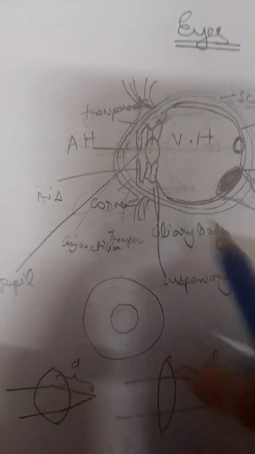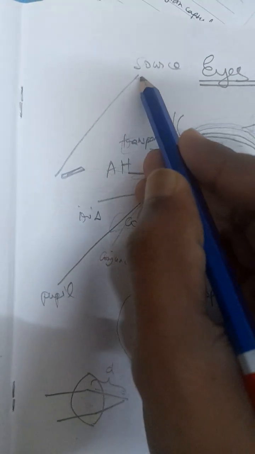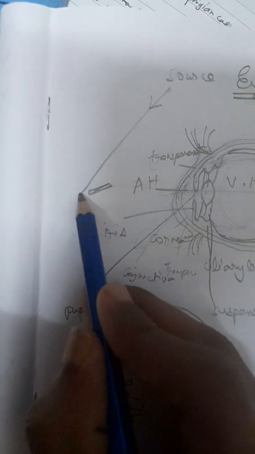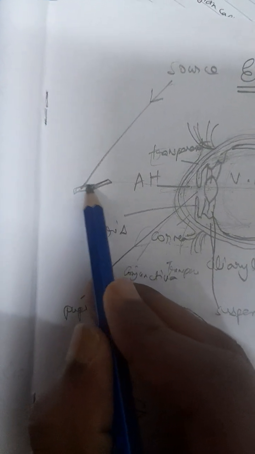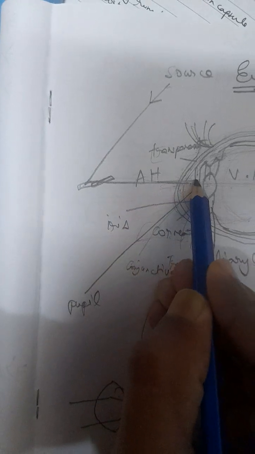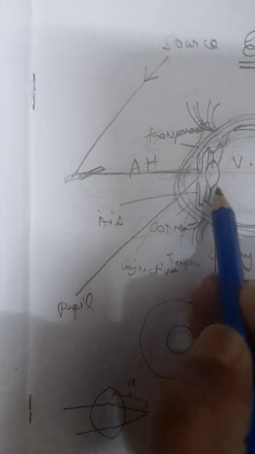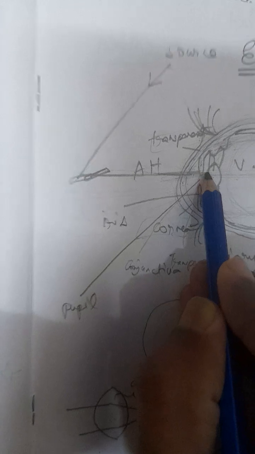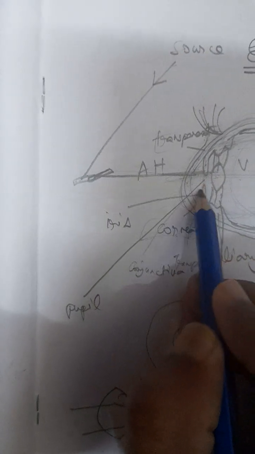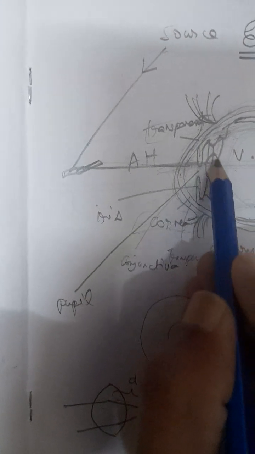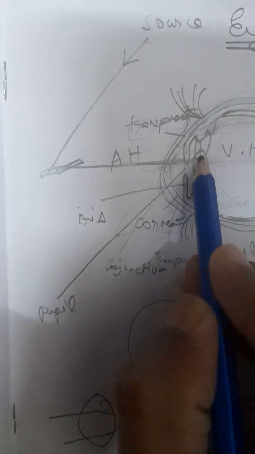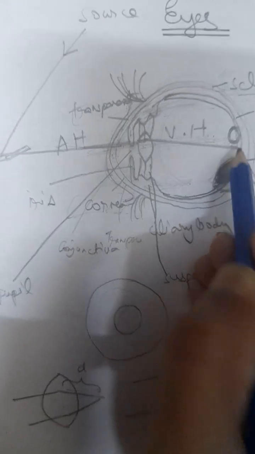Now let us see how the light will enter. Suppose here is a pencil. So light from the source will come and refract from the body. It will come straight. The iris will regulate the amount of light entering. It will allow the light to enter, and it will also refract here. But let me show only the refraction in the lens. It will refract and hit the retina.